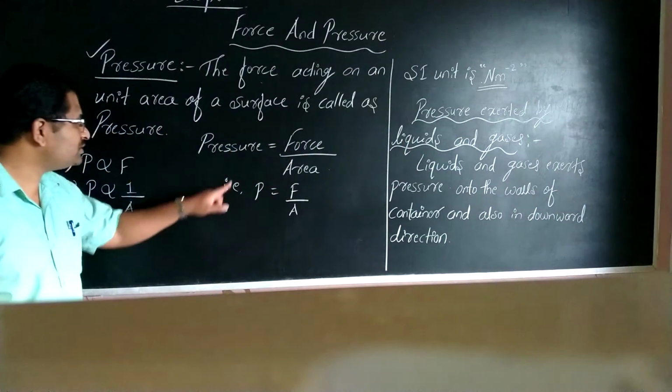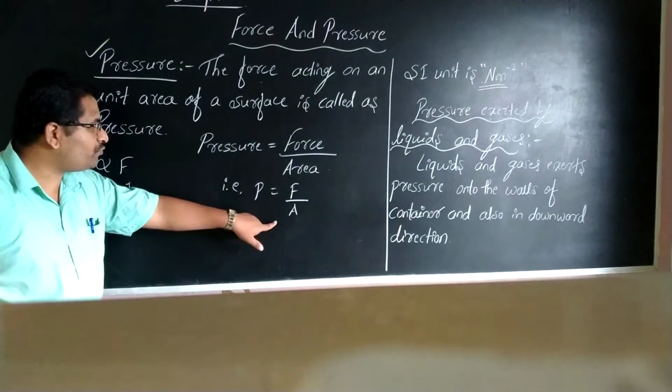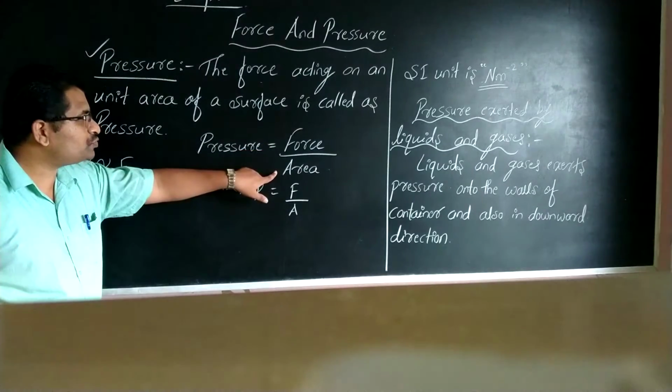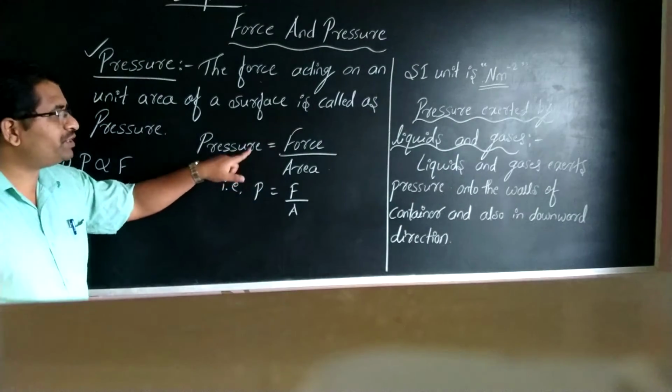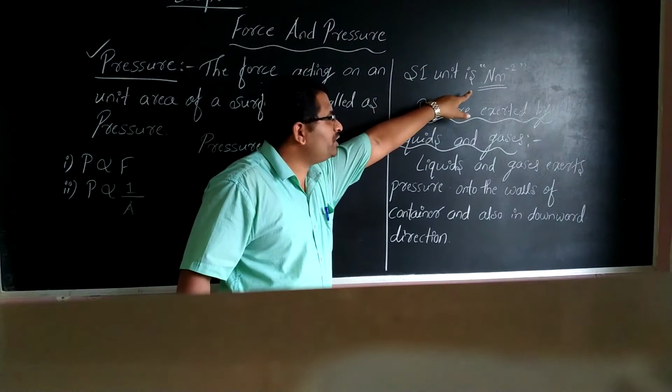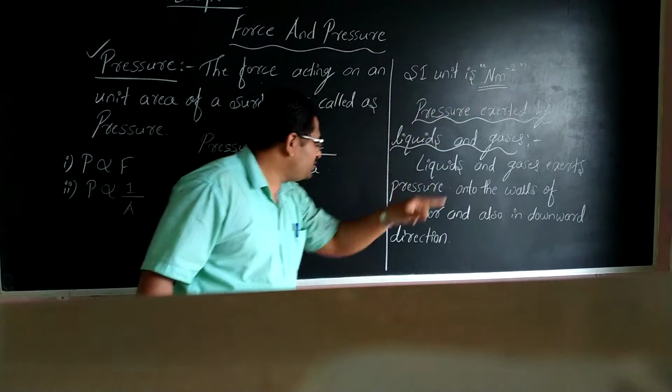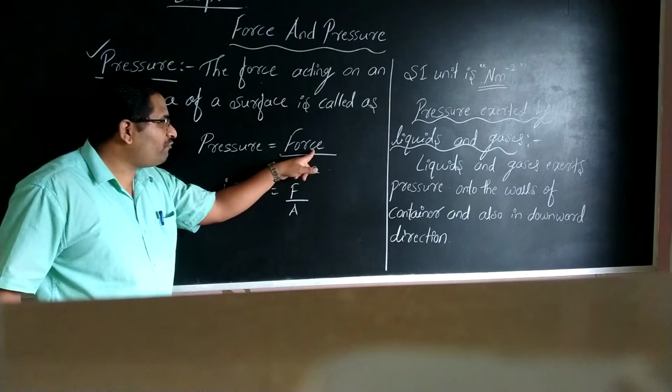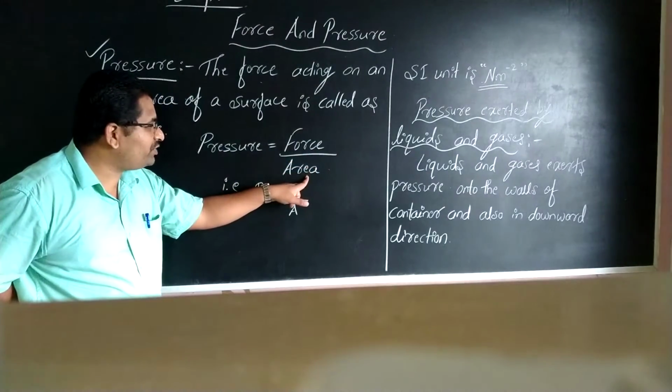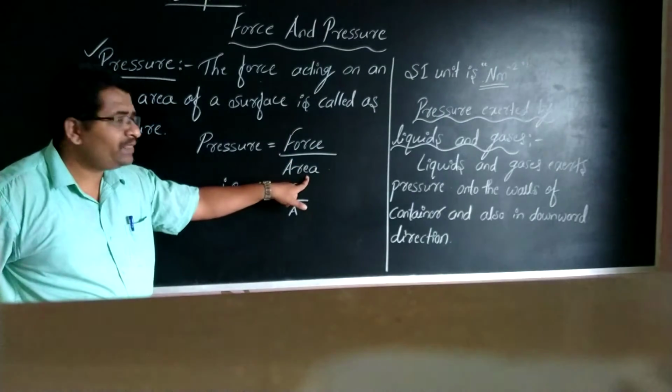According to this equation, pressure is equal to force by area. The SI unit of pressure is Newton per meter square, because the SI unit of force is Newton and the SI unit of area is meter square.